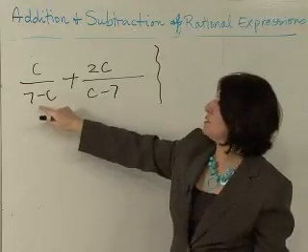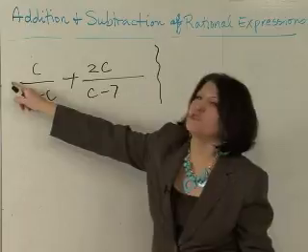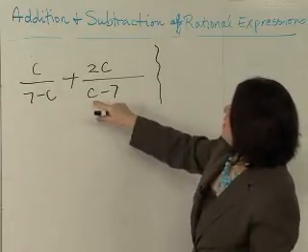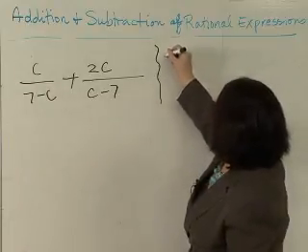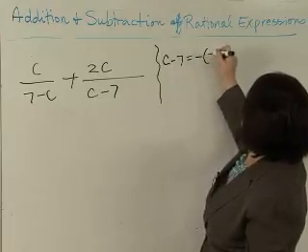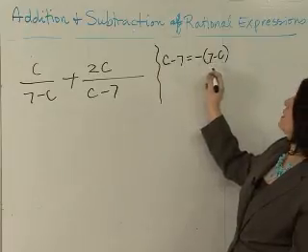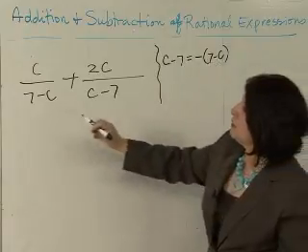You could make the first denominator look like the second the same way, but your sign change would go here. So if I take c minus 7, I know I can write it as negative 7 minus c. Notice when you distribute that negative 1, you're going to get negative 7 plus c.